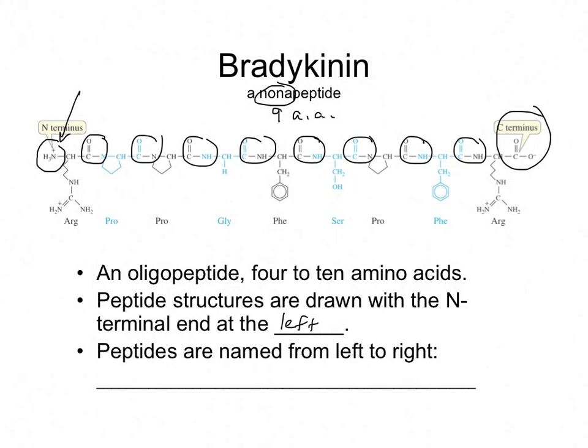So this particular one, I would write down Arg, that's the first one, and then a dash, and then Pro, Gly, Phe, Ser, Pro's next, is that right? Phe, and then Arg. And as long as you stay with convention, you could look up what these names represent. You could draw this peptide. Just make the amide linkages where they belong.